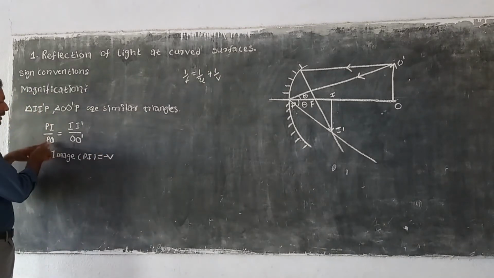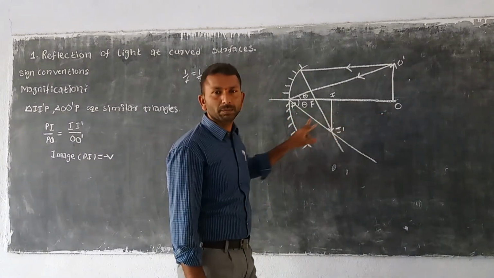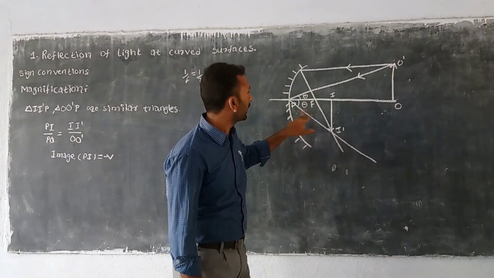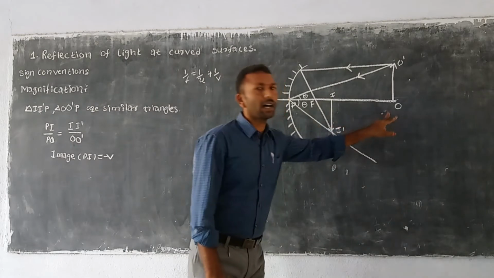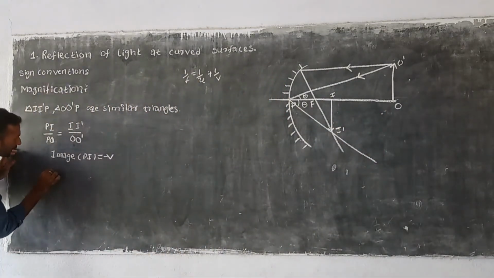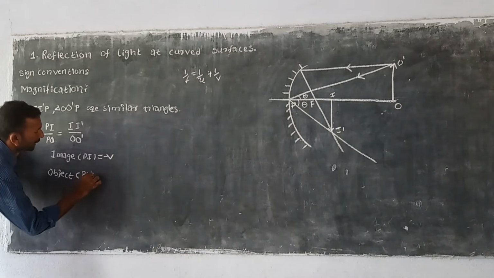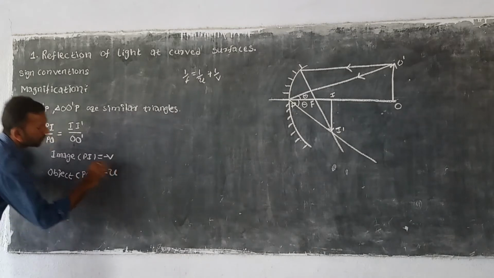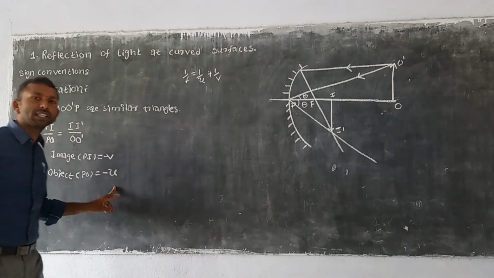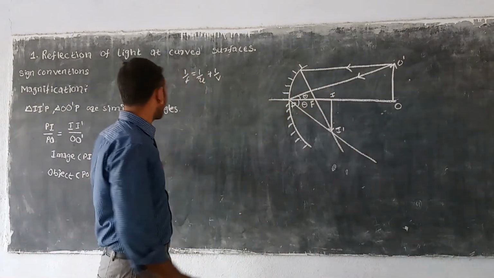PO is the distance between the pole of the mirror and the object, indicated by U, the object distance. This is also taken opposite to the incident ray of light, so that is also a negative value.